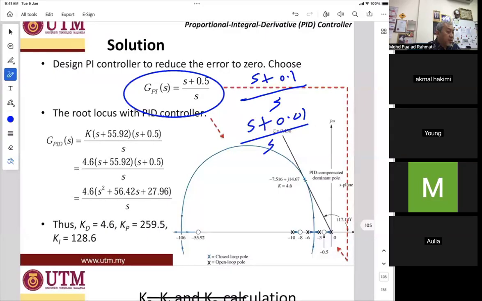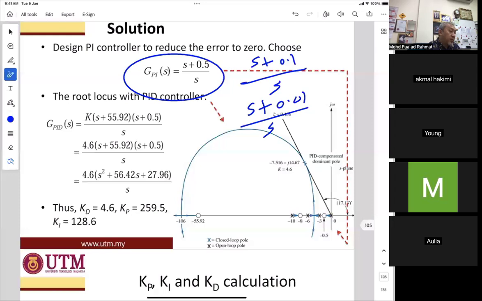Because automatically when you cascade it with the overall transfer function with PD controller and the system, it increases the system type from system type 0 to system type 1, meaning that it will force the system steady state error from finite value to zero value.